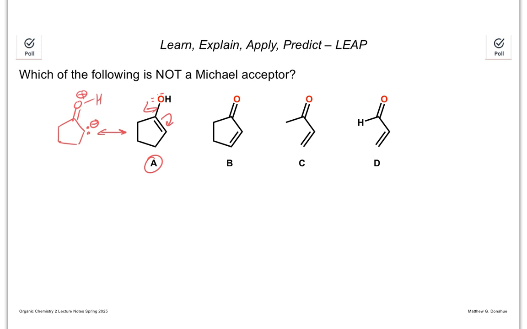So the point here is, as I'll highlight in yellow, that alcohol is an electron donating group to the alkene. All of these other alkenes, highlighted in green, they have electron withdrawing groups attached to them. So that's the main difference in the nomenclature. Questions?